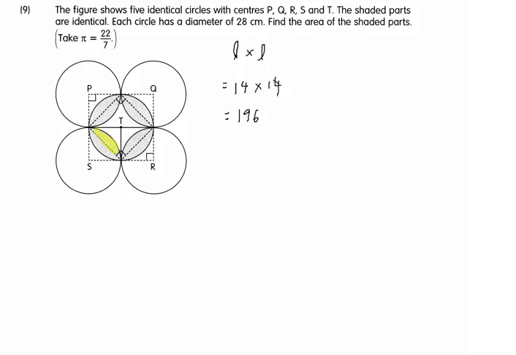Right? So after we found the area of this, you all agree that 196 is this area, right? Yes? Okay, now I need to find the area of the quadrant. In case you do not know which quadrant, let me highlight the quadrant I'm looking at for you.